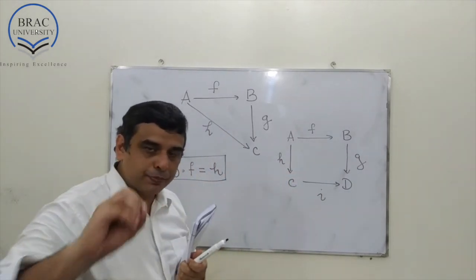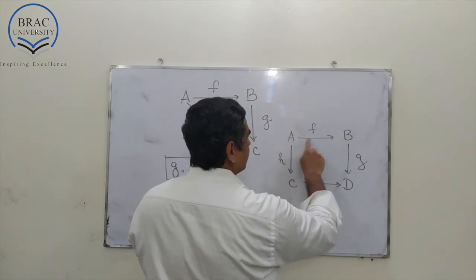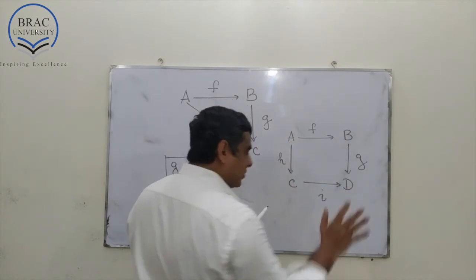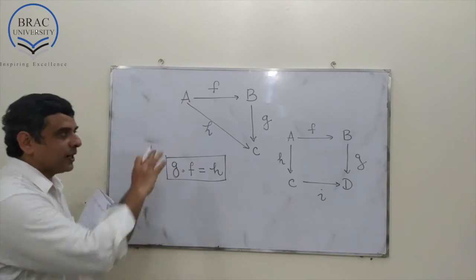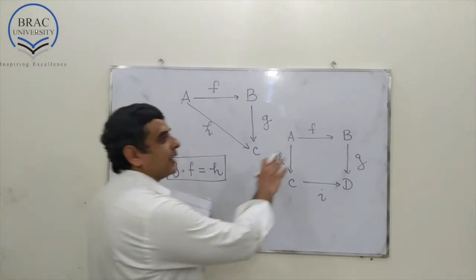They have to satisfy all the properties of functions. And each of these things, A, B, C, and D, are sets. As long as they are sets and the given arrows are functions, we call this picture a diagram.